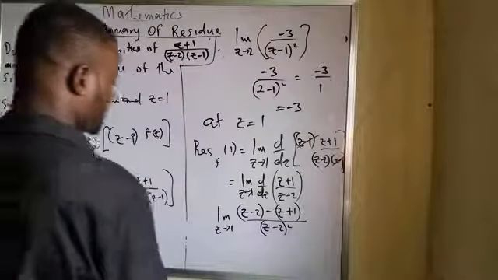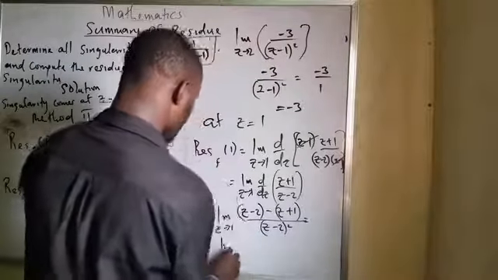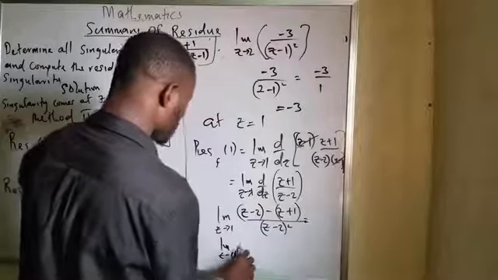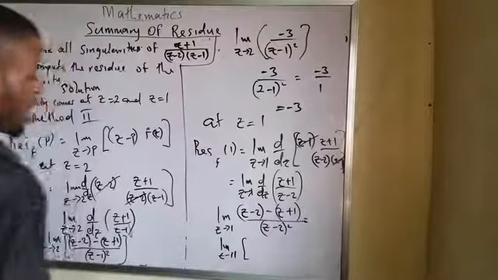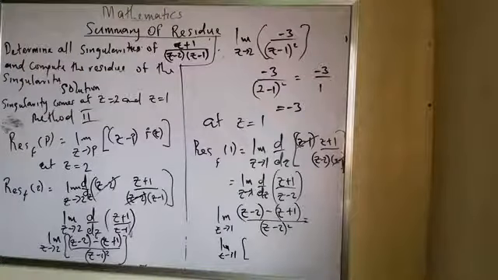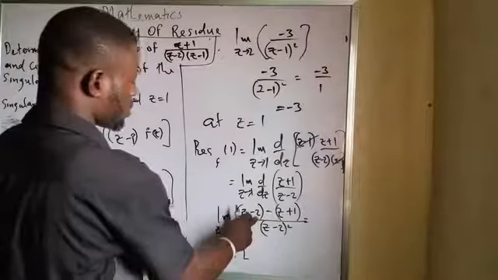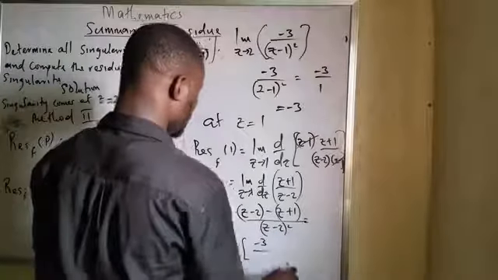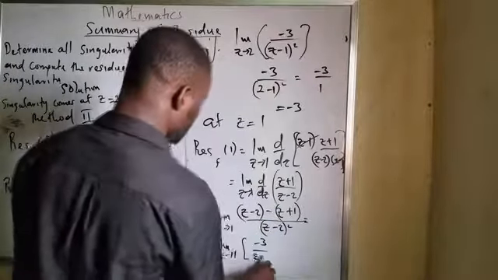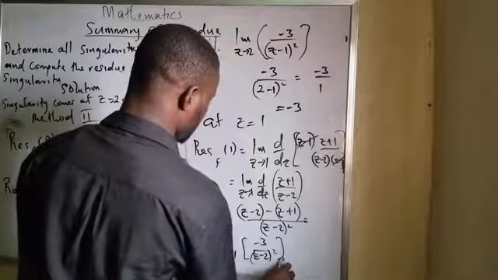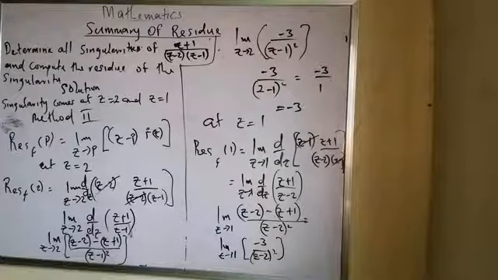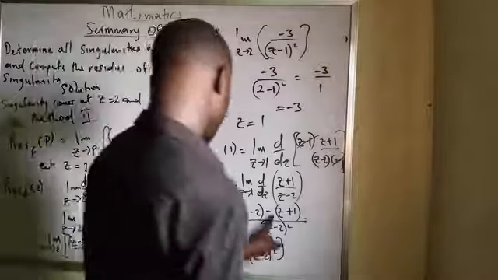This will be equal to the limit of z to 1 of minus 3 divided by (z minus 2) all squared.